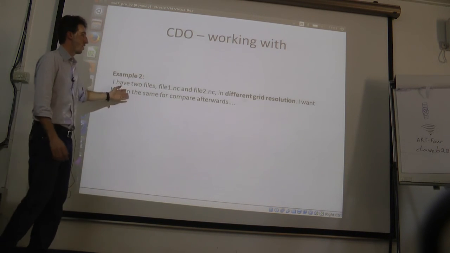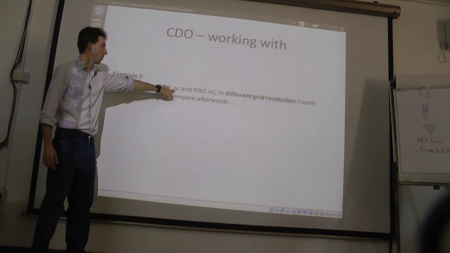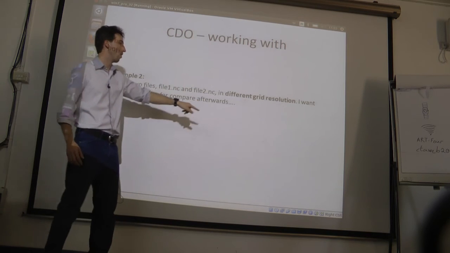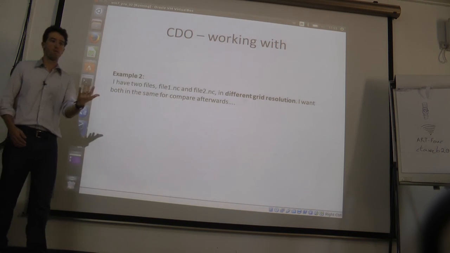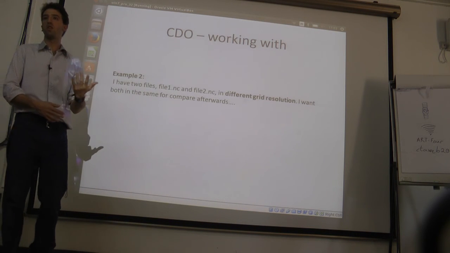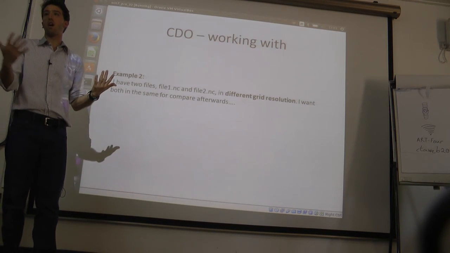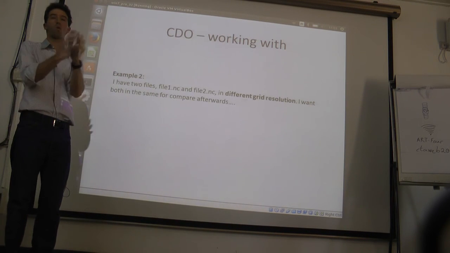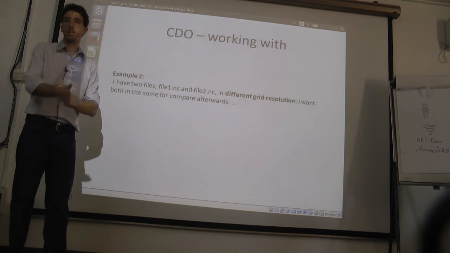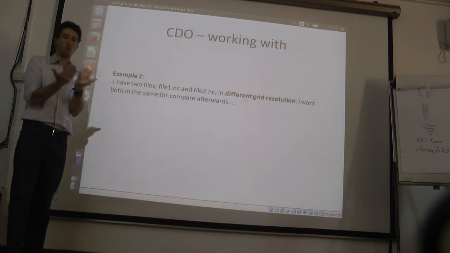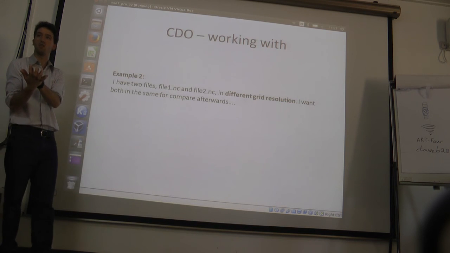Or an easier example, if you have two files, one file in NetCDF and a second file with different grid resolution. For example, I run WRF with 9 kilometer resolution, and I have an output. And then I run with 3 kilometer resolution, I have also an output, and I want to compare them. To open in GrADS, for example, if you want to compare two files, you have to have both in the same grid resolution.